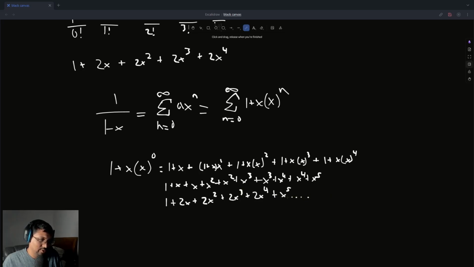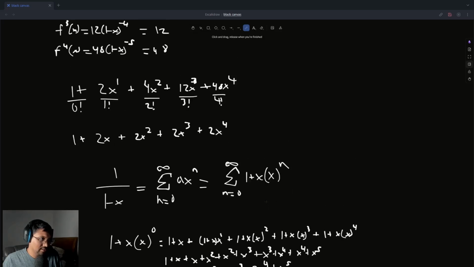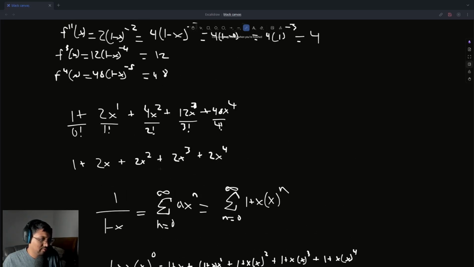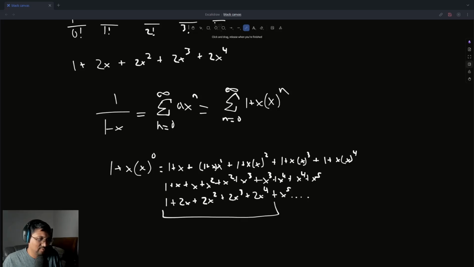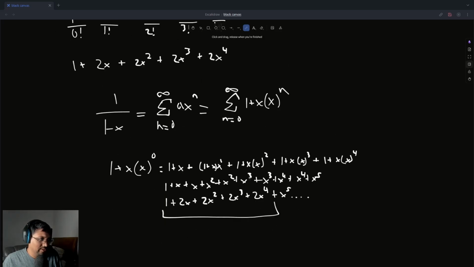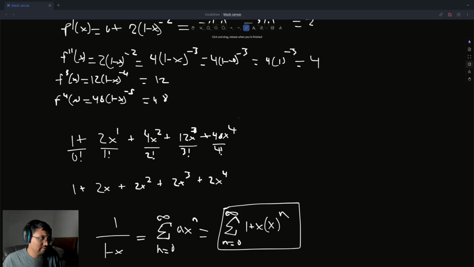If we were to do the next term, we would get a 2x to the 5th and then plus an x to the 5th, and after that it would continue in that same pattern. Now looking at that, don't these first few terms, 1, 2, 3, 4, 5, seem to match up with our first 5 terms here? Knowing that, we know that this is the correct power series representation of this given function.